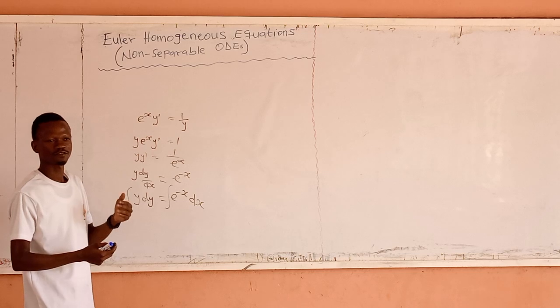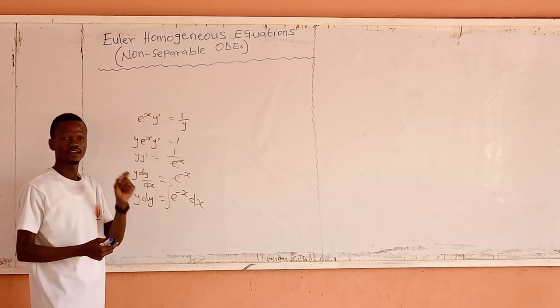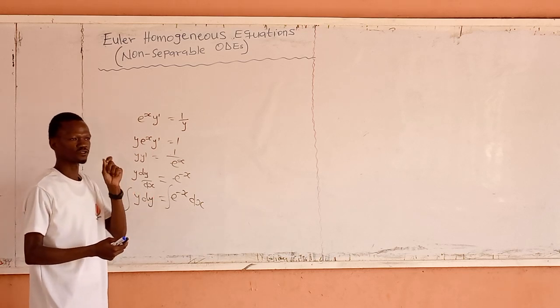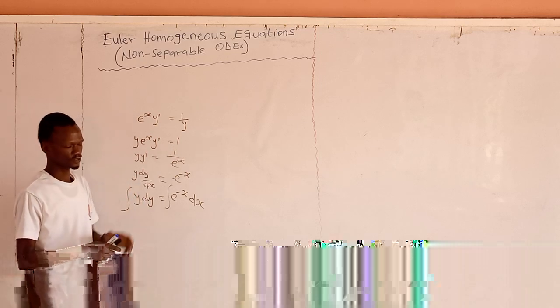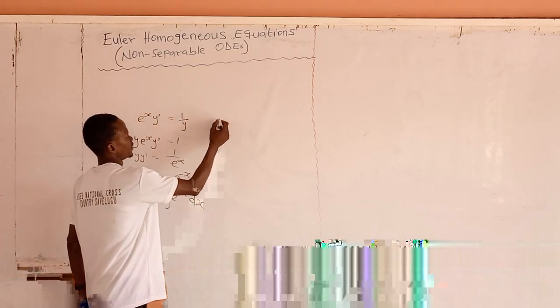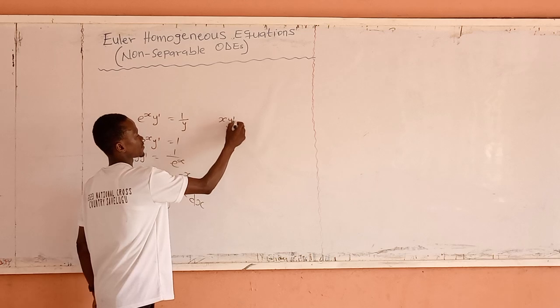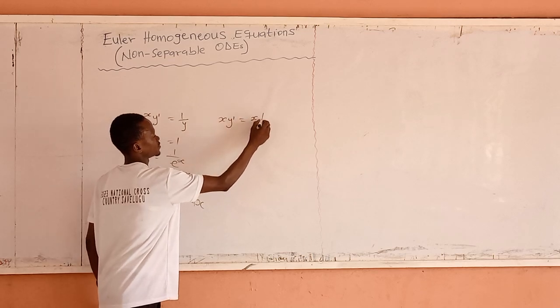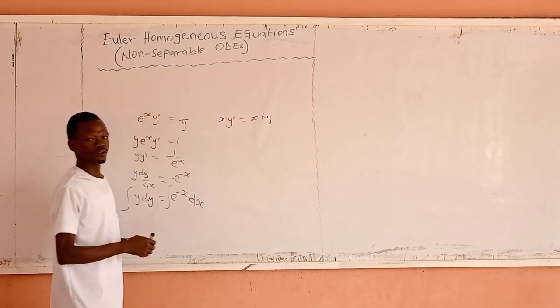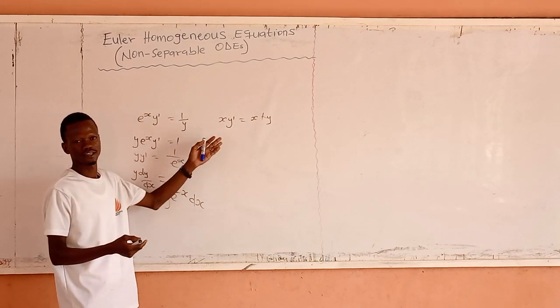Now, we have certain types of equations that when you study the equation, you realize that it's not possible to separate the variables. For instance, if I have x y prime to be equal to x plus y, looking at this equation, we cannot separate it.